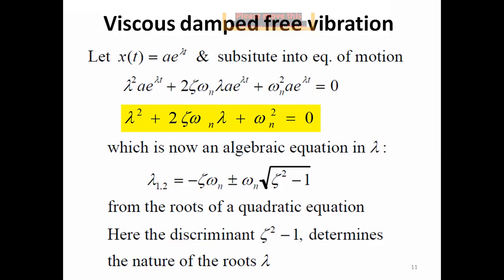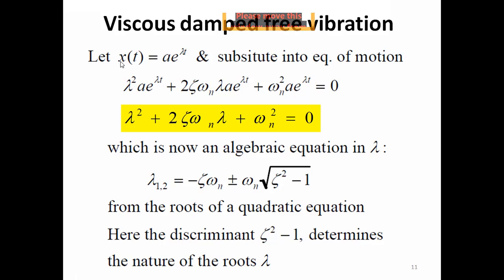It is periodic. So in that case, we could assume the response as x of t is equal to a exponential lambda t. So we are treating the problem as an eigenvalue problem, using the eigenvalue method in order to find out the roots of the differential equation.